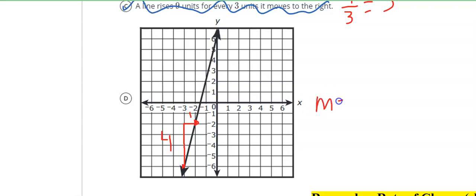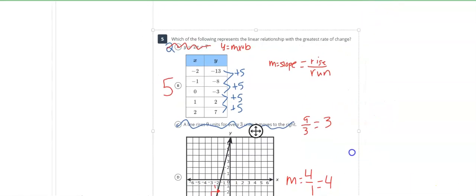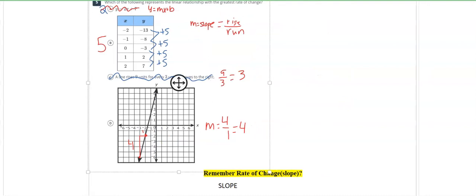So my slope here would be 4 over 1, which is just equal to 4. So if I zoom back out, I can see that B is the correct answer because it has the greatest slope, which is 5.